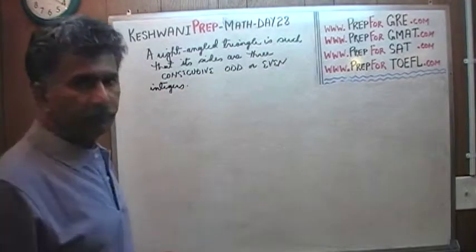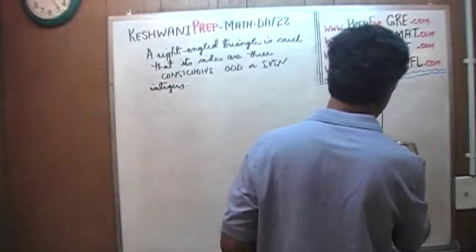All we know is that the sides are 3 consecutive odd or even numbers.